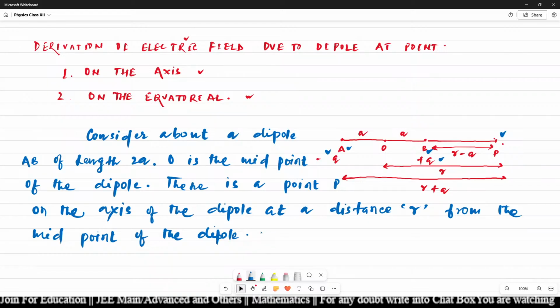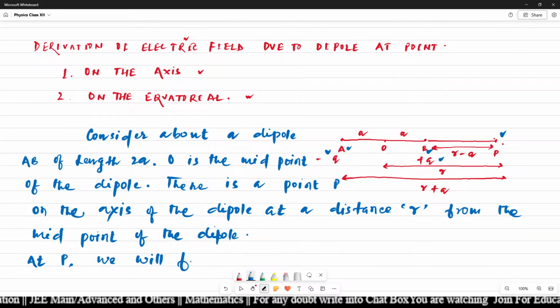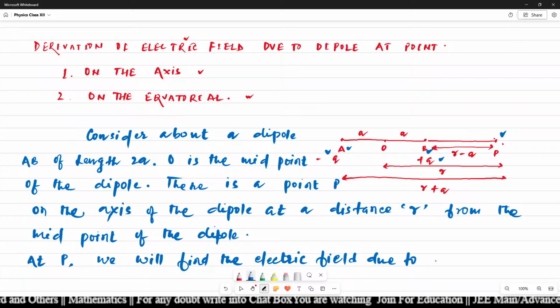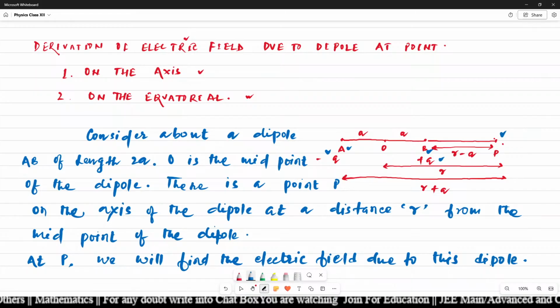At P, we find out the electric field. For this, we take the help of Coulomb's law as well as the superposition principle.